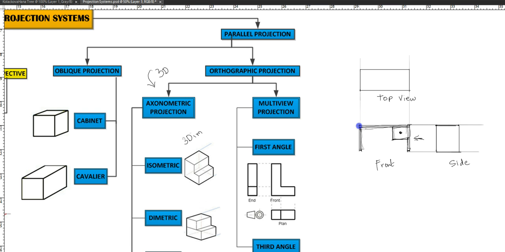So I'm going to take this and just give it a certain depth. So what we have over here is a cabinet oblique projection.